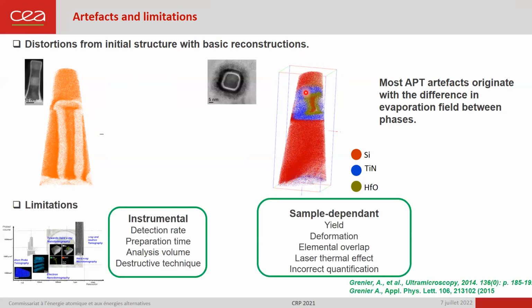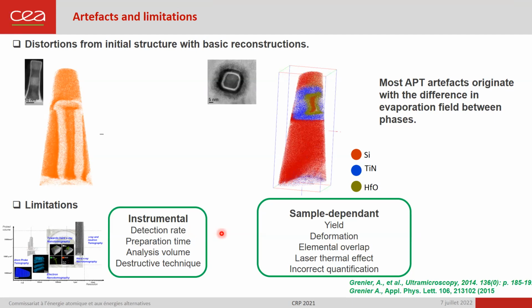Now, if we speak a little bit about limitations, we can say that there are both instrumental, inherent limitations and sample-dependent limitations. If we speak about instrumental limitations, obviously APT suppliers are working very hard to minimize these limitations, but we can mention the detection rate, which is not 100%, it is lower.